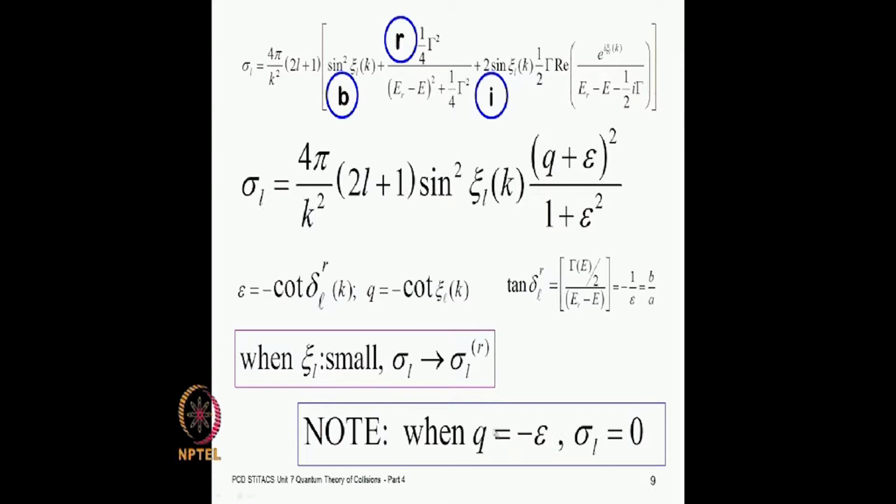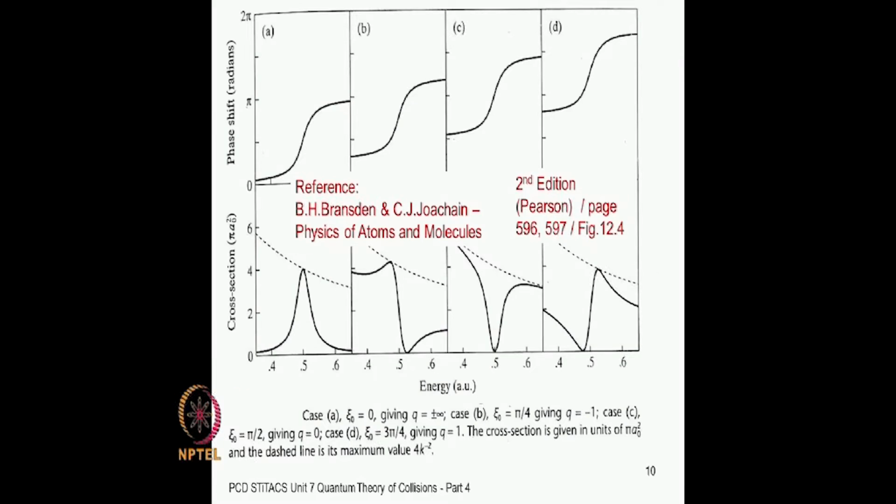And when q is minus epsilon, the cross section can actually vanish. Okay, so there is nothing stopping the scattering cross section from disappearing, and it is not always that when you have resonance effects, the scattering cross section must only increase, because it can also decrease, it can even vanish, it can even go to 0.